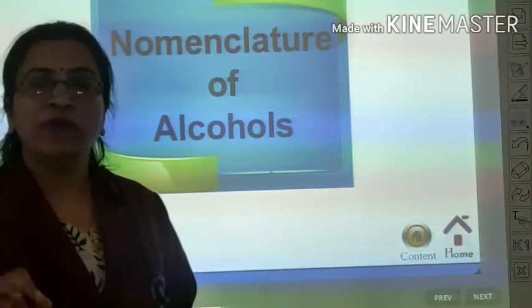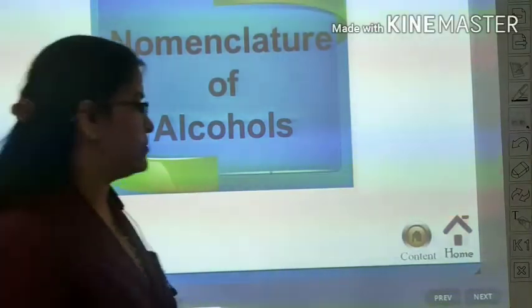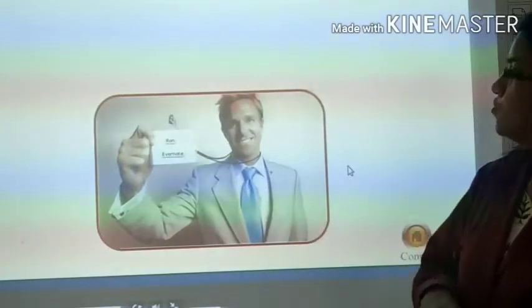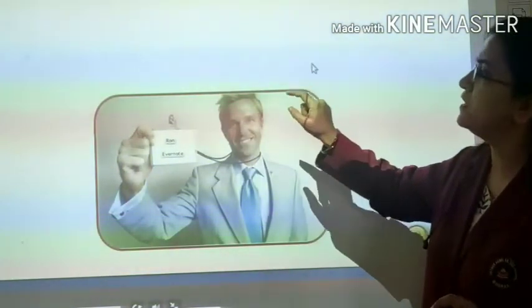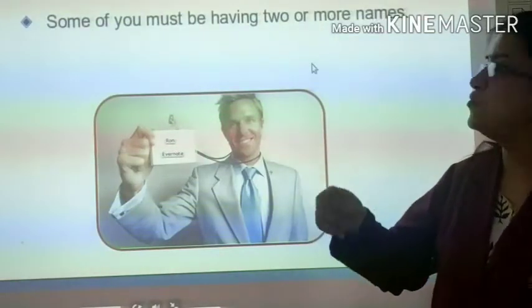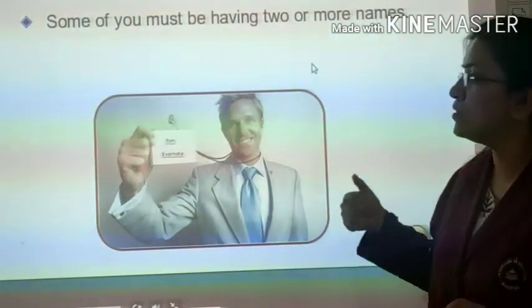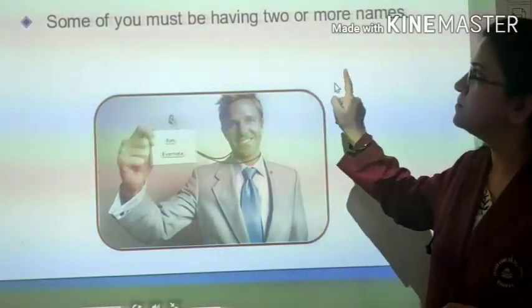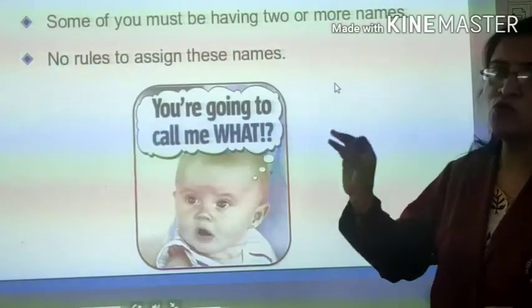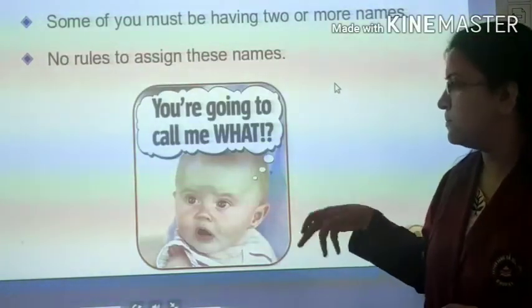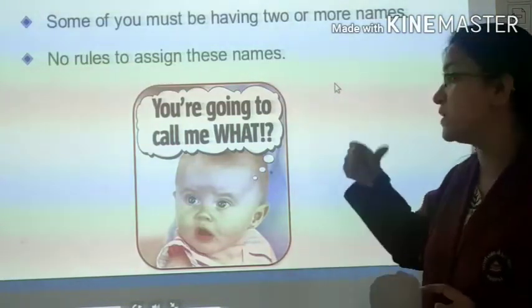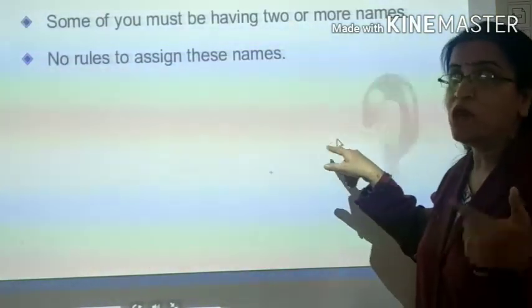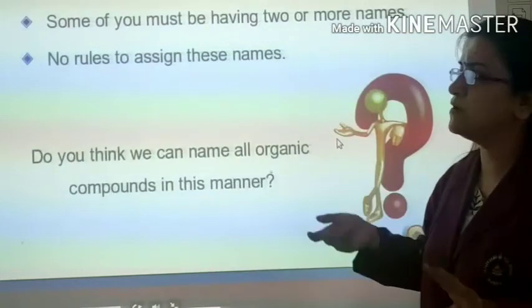Now we learn nomenclature of alcohol. So, humans and other beings are characterized by their names. Some of you must be having two or more names. There are no rules to assign these names, because your grandma calls you in one way, your grandmother calls you another way, or your father, mother in another way.